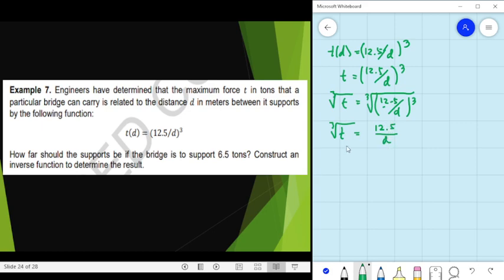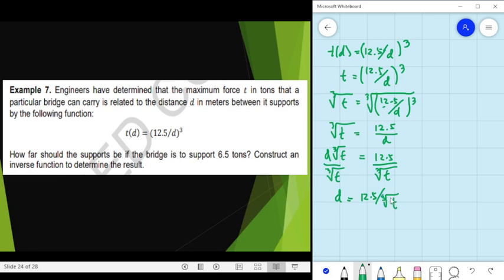Okay, by cross multiplication, or we divide both sides by the cube root of t in order to have d. So d is equal to 12.5 per cube root of t.